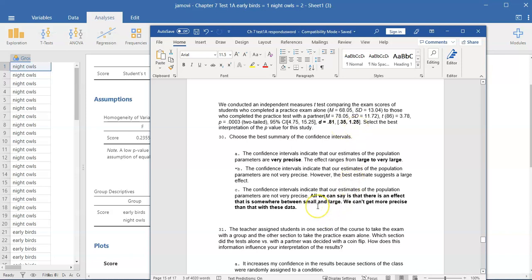And then C is wrong because it says we can say that the effect is somewhere between small and large, and that's not true. And it says we can't be more precise than that. Well, we can, because the most likely answer is somewhere in the middle.